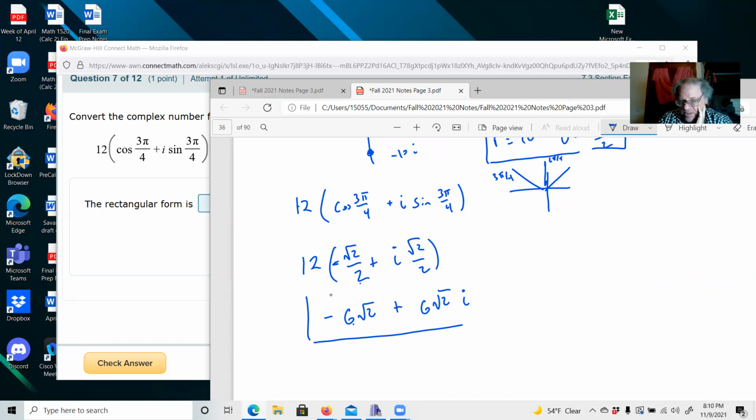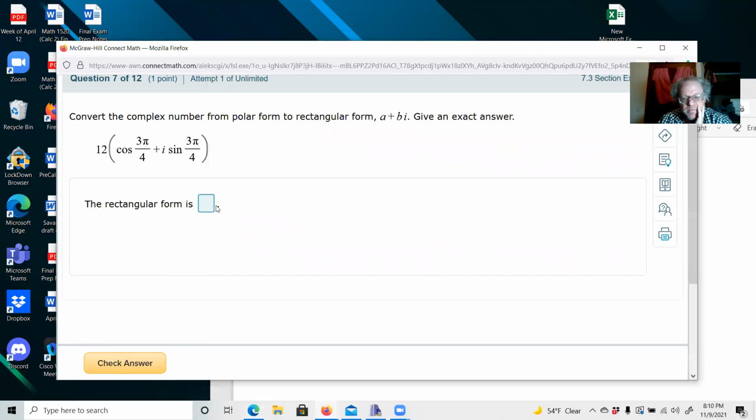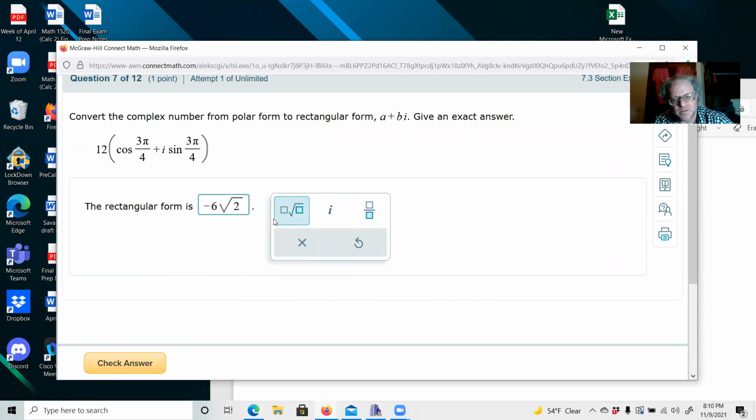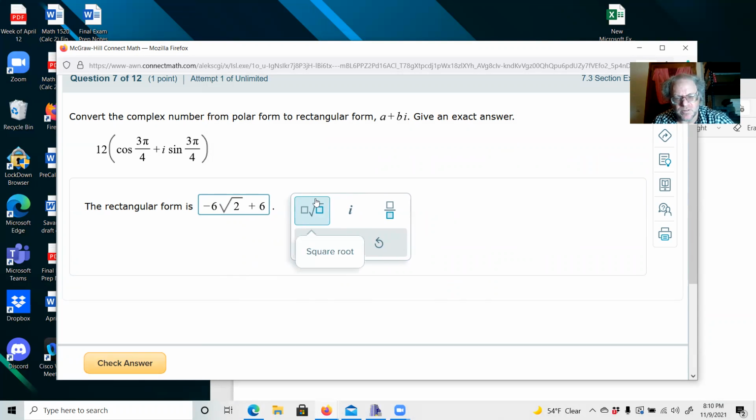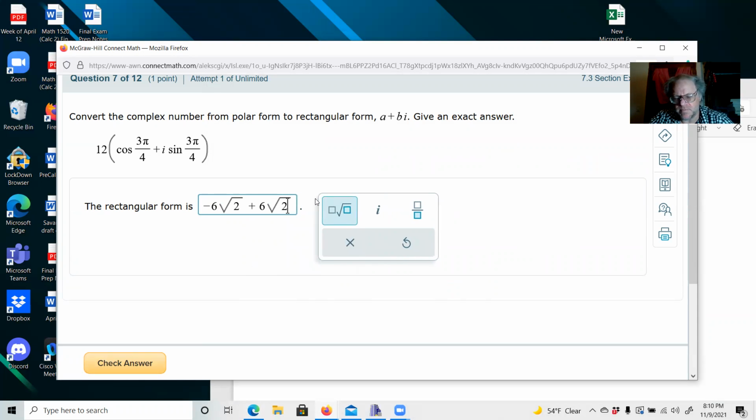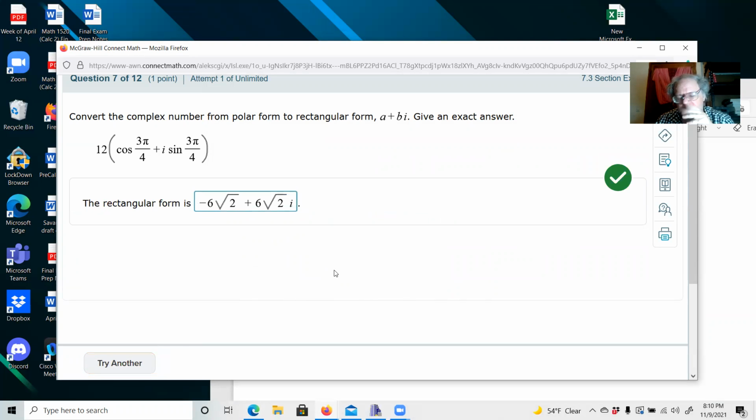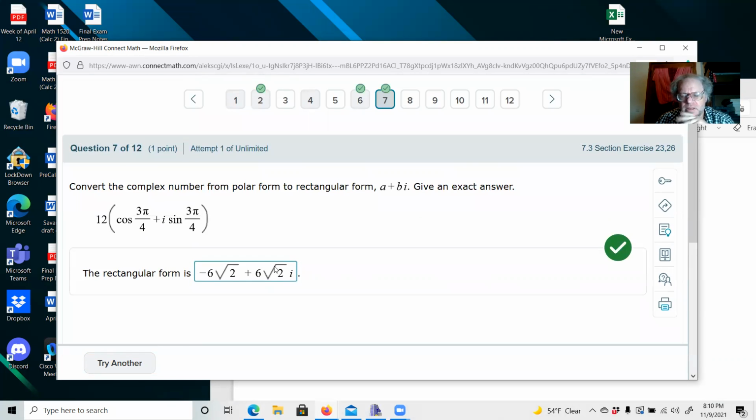And that's my rectangular form there. So we have negative 6 root 2 plus 6 root 2 i. There we go.